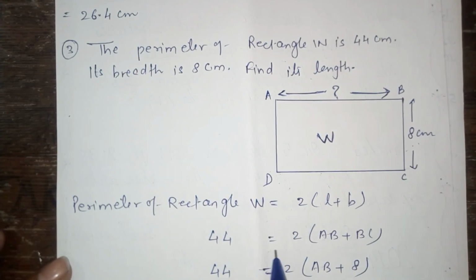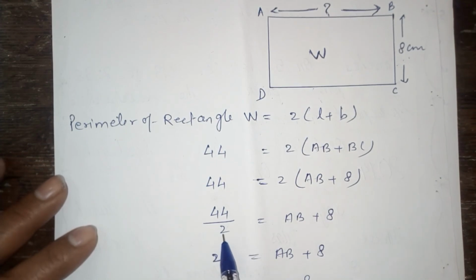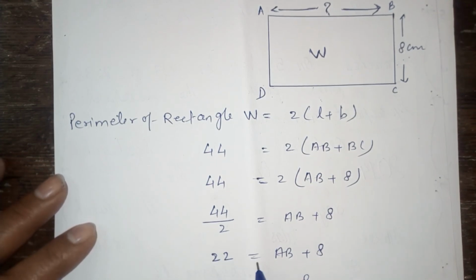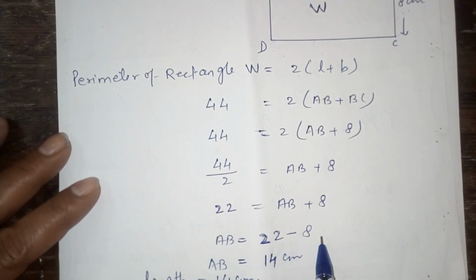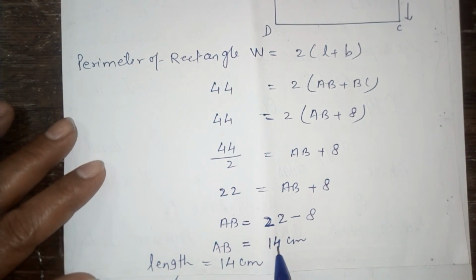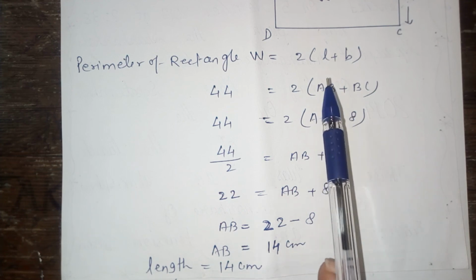Perimeter 44 is equal to 2 into (AB plus BC). 44 is equal to 2 into (AB plus 8). 44 upon 2 gives you 22, which is equal to AB plus 8, and AB is equal to 22 minus 8, which gives you 14 centimeter. 14 centimeter is the length of the given rectangle.